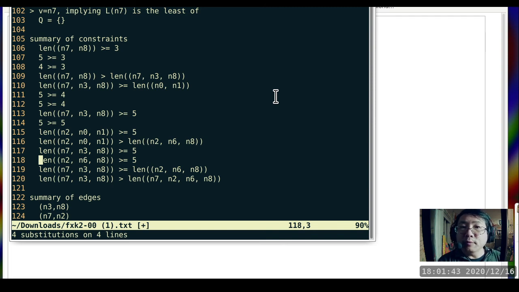All right, so let's find out who is next. Basically, I'm looking at the comparison on the term on the right-hand side because that is the smaller one. All right, so we got N0, N1. N0, N1 has a value of 4. Hmm, I forgot to replace these. Okay, so this is 4.